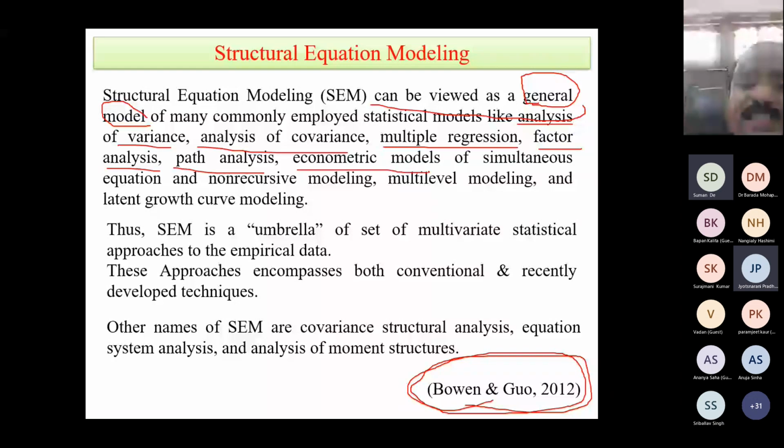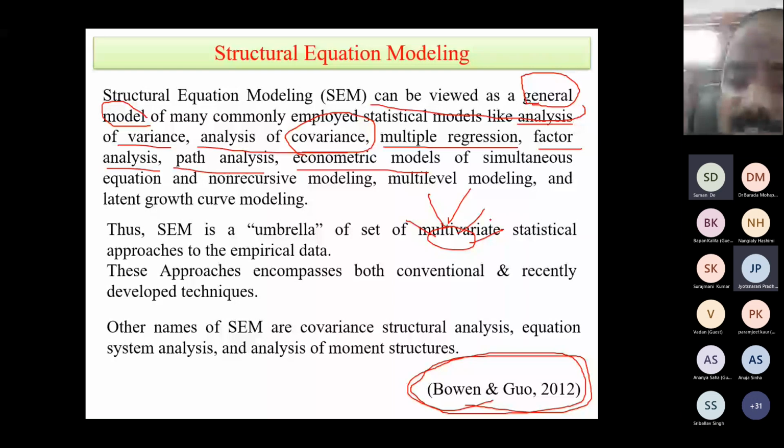We have repeatedly discussed covariance because we are discussing the covariance based model. Whatever I discuss in all my classes is CB-SEM, covariance based structural equation modeling. In every latent variable measurement model, these are all multiple linear regressions.